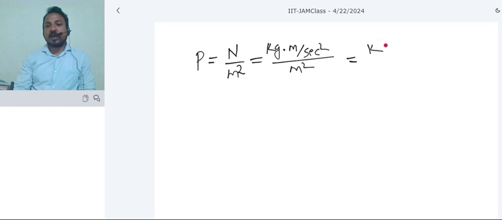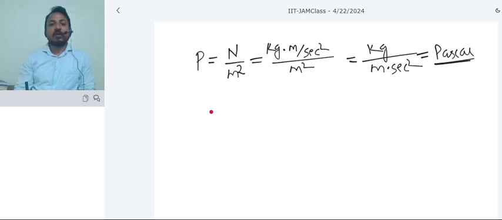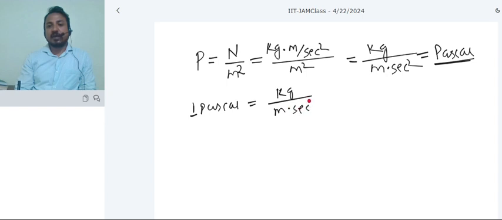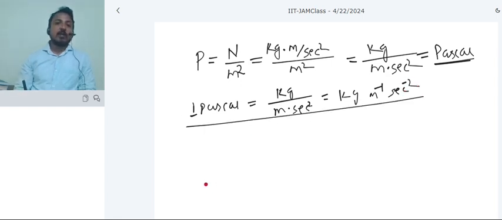It will be kg by meter into second square. This is equal to Pascal. So 1 Pascal is equal to 1 kg per meter second square. Anything you are saying 1 Pascal means kg per meter into second square.